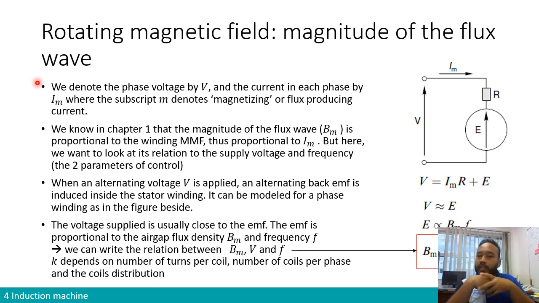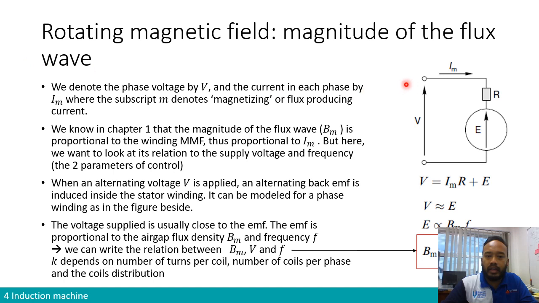But now we're going to discuss very briefly the magnitude or the intensity of what we call the flux wave. Sometimes you may see the term flux wave. The term is used because the form of the air gap flux density looks like a wave. That's why I'm introducing it to you over here.